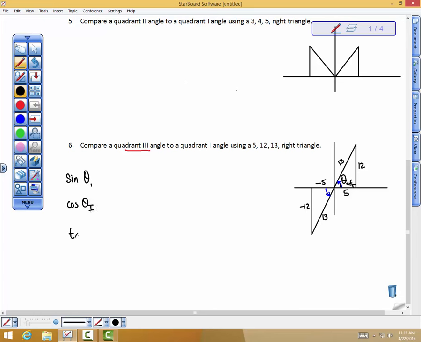And so let's go ahead and write those with that 5, 12, 13. So remember, sine is y over r. So sine is 12 divided by 13. Cosine is x over r. And so that's going to be 5 over 13. And tangent is y divided by x. And so we have 12 over 5.